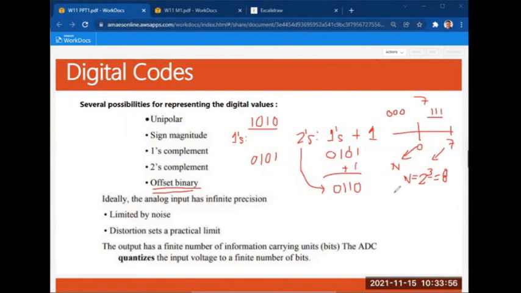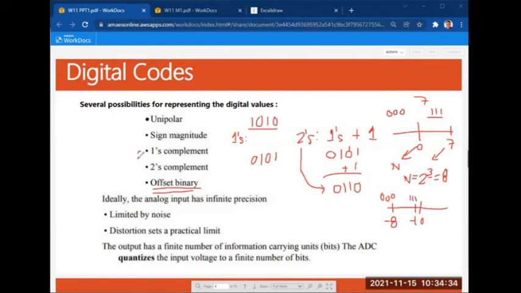So the 0, instead of being on 0 itself, will be shifted to -8. So this will now be the place for 0, 0, 0. And the 7, instead of being on 7 itself, will be shifted by 8. So instead of being on 7, it will now be on -1. So here is now our 1, 1, 1. So that's for the offset binary.